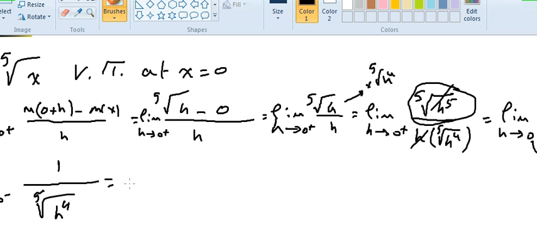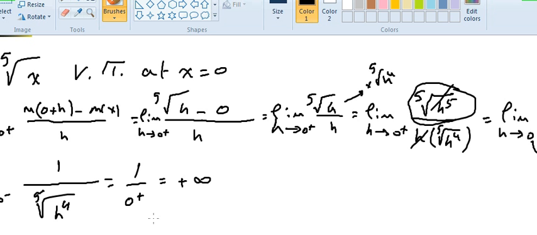I forgot the power 4 earlier; otherwise we couldn't do it, because 0 minus is a negative number and it would be minus infinity. But it is h to the power 4, so substituting gives 1 over 0 plus, which is also plus infinity. What does that mean? Simply, the limit does not exist as a finite number, so it is not differentiable.